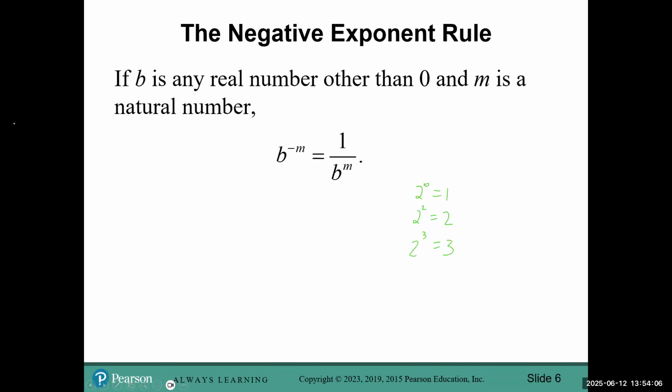Let me just undo that. 2 squared is 2 times itself twice, which is 4, and 2 cubed is 2 times itself 3 times, which is 8. So as we go in this direction, we're multiplying by 2. And when we go in this direction, we're dividing by 2 to get from one to the next.